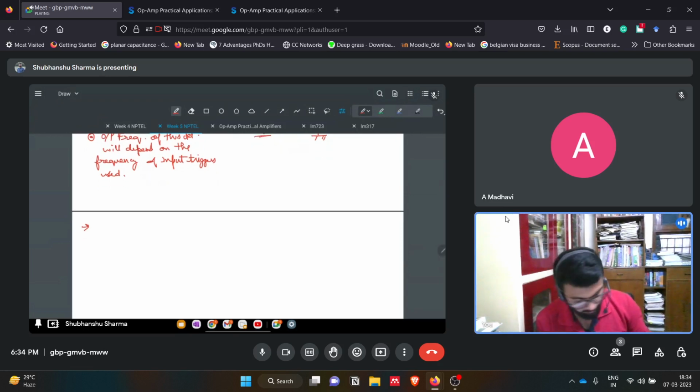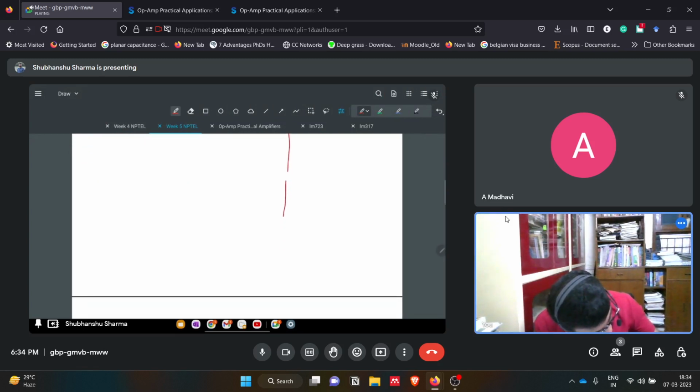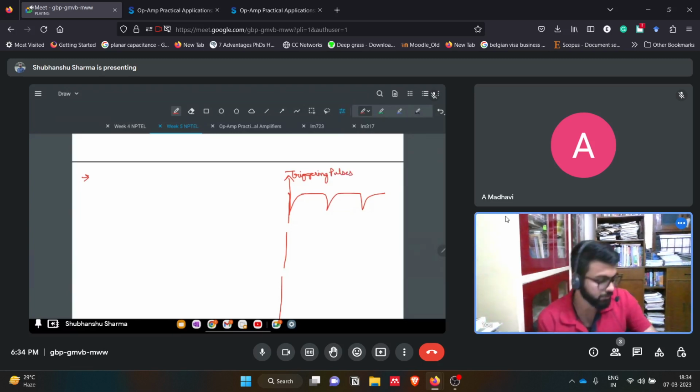Okay, so I will simultaneously make the waveforms also for understanding. So this is the triggering pulse. This one we give, again one we give, again one we give. So these are triggering pulses.